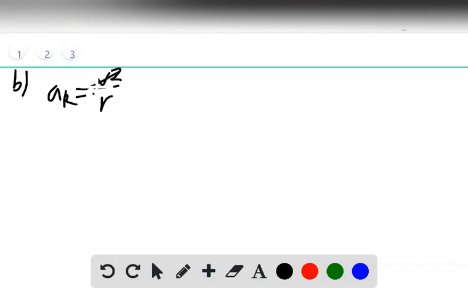If we don't have a v, then we don't have any radial acceleration. So if there's no acceleration, there can't be any force. So the centripetal force must be 0.